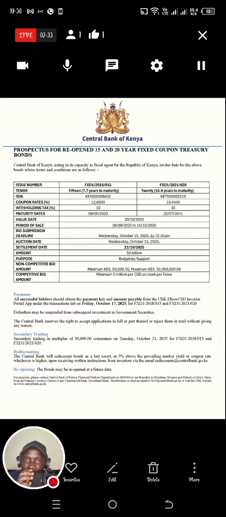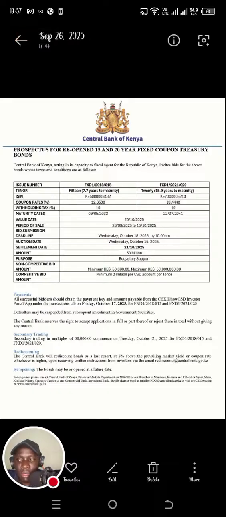A bond cannot be issued without the Central Bank of Kenya issuing a prospectus. So this is what we call a prospectus, and it is what gives the information of the bonds that have been floated. Everything that you need to know about that particular bond is contained in this particular prospectus.